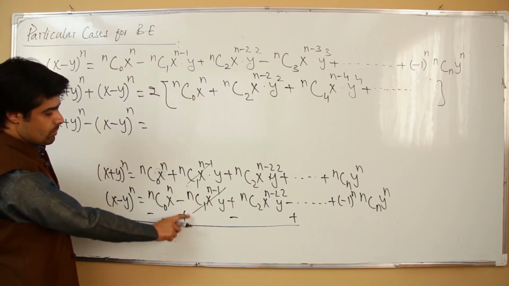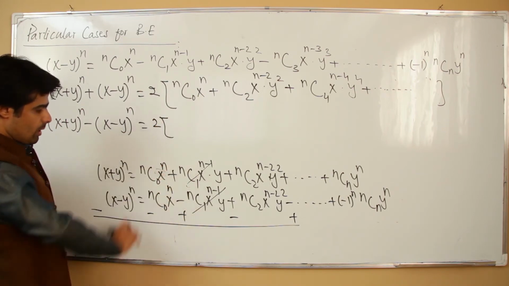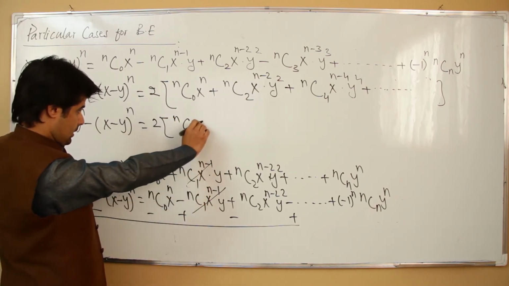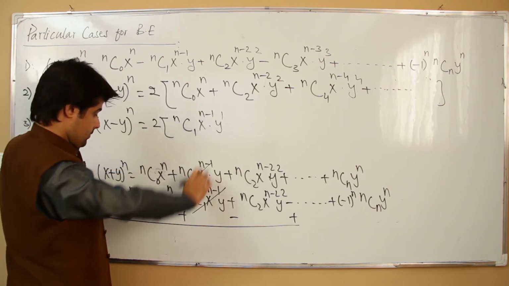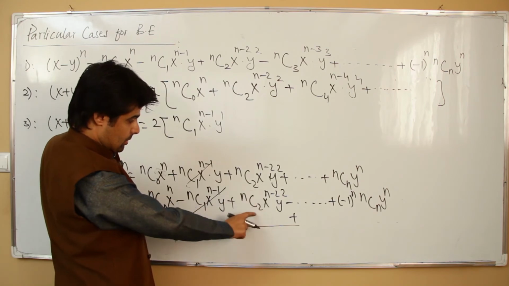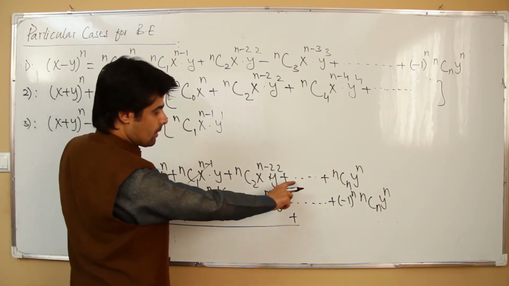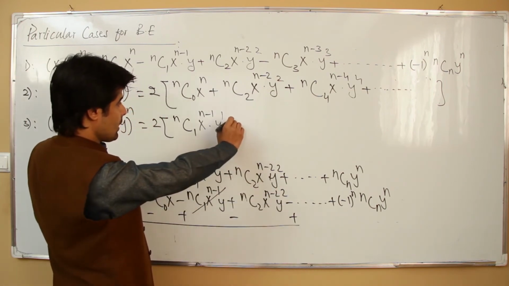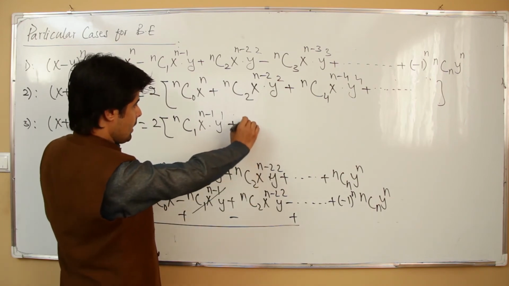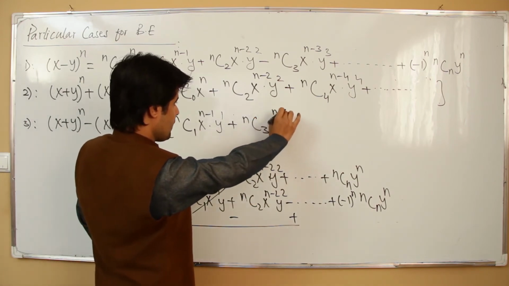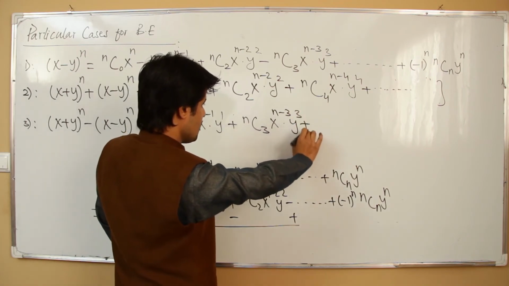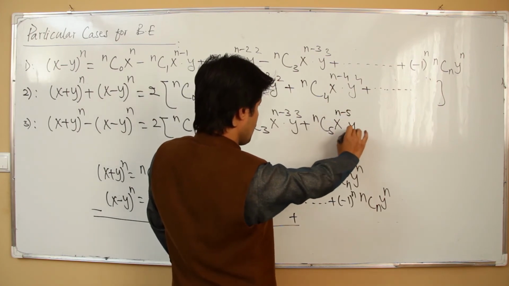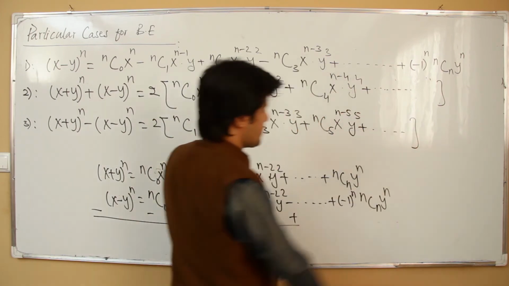How many terms do we have here? Two terms, for the odd numbers: nC1 x^(n−1) y, then the even one is cancelled, and the next one is odd, so we have plus nC3 x^(n−3) y^3 plus nC5 x^(n−5) y^5 up to the last term.